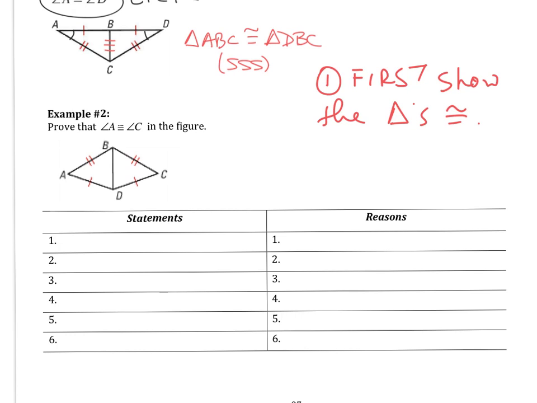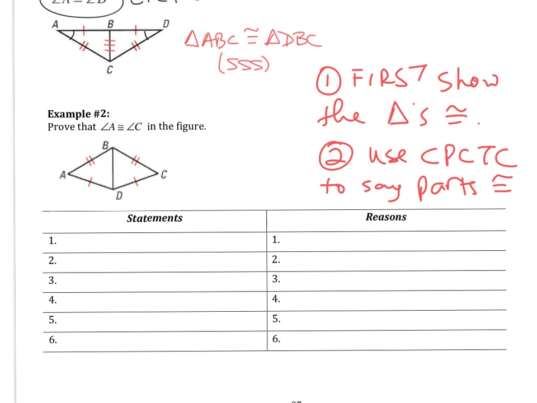So if you think back to the example that we just kind of talked through, okay, we first said that ABC is congruent to DBC. Then we showed the parts were congruent by CPCTC. Okay, so the very first thing you want to do is show that the triangles are congruent. Okay, and then the second thing is basically use CPCTC to say parts congruent.